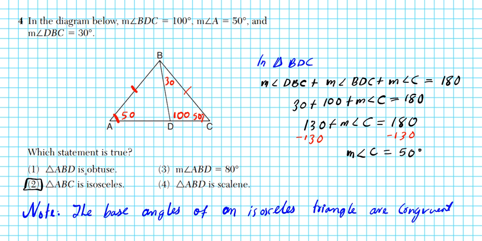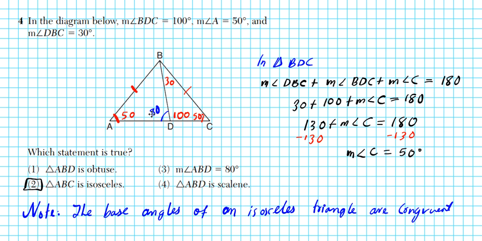So if we want to determine that ABD is obtuse as a false statement, then none of the angles in this triangle should exceed 90 degrees. All right, team? So let's go ahead and find the angles. If this is 100 forming a linear pair here, this is going to be 80 degrees. That's less than 90.